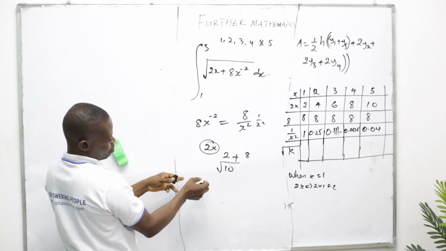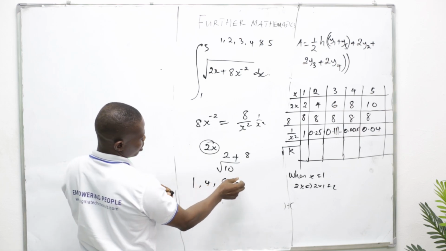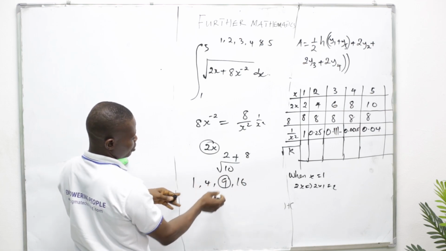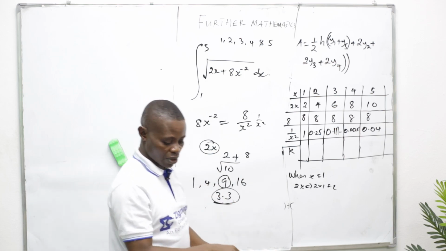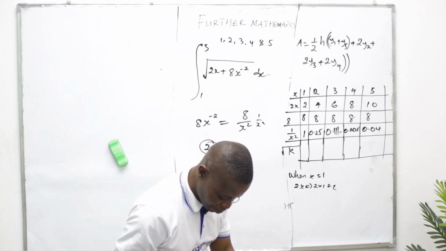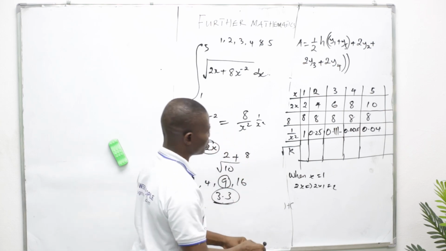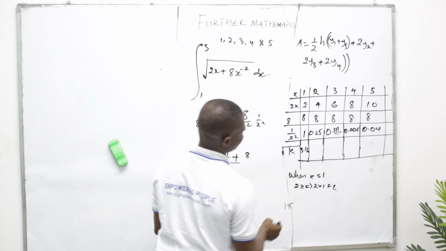Then the square root of 10 is what? Perfect squares are 1, 4, 9, 16, which is very close. This is 9. So meaning 3 point something. Okay, let's quickly use the calculator to get the square root of 10. The square root of 10 equals 3.16. I will write 3.16.